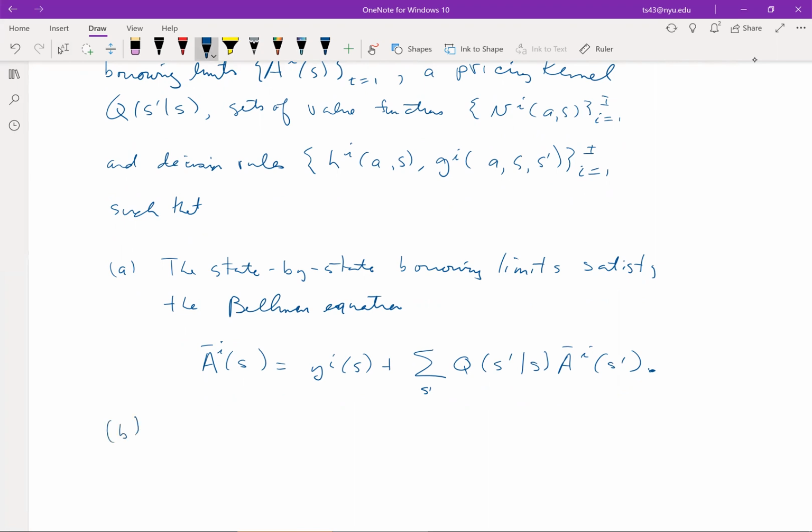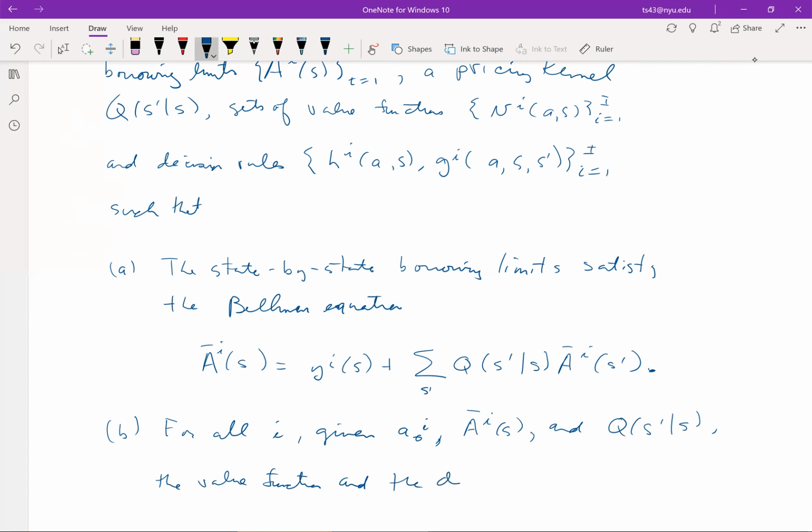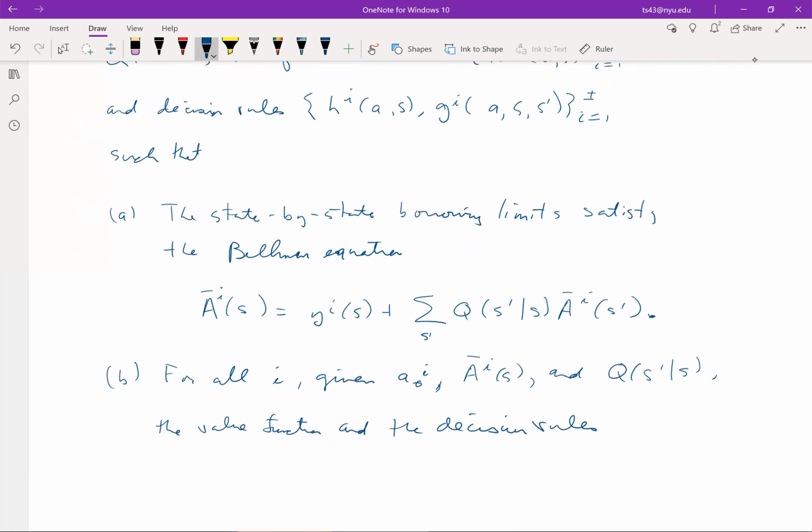Here, for all i, given A0i, A bar i of S, and given the pricing kernel Q of S prime given S, the value function and the decision rules solve the consumer's problem.